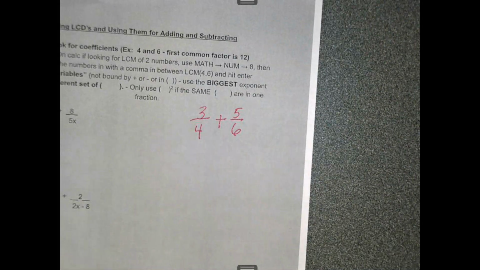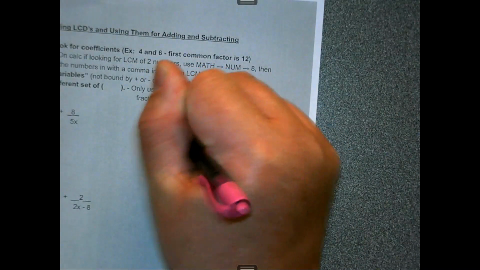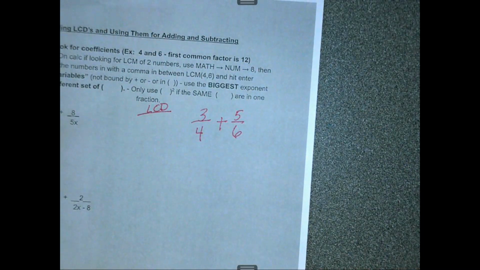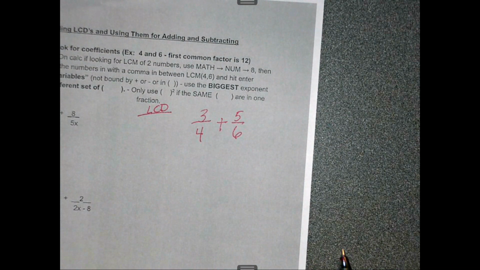They should have said, "Hey, find your lowest common denominator," right? And your teacher hopefully would have done that. You find your lowest common denominator, right? Sometimes your teacher said, "Well, just find a common denominator.